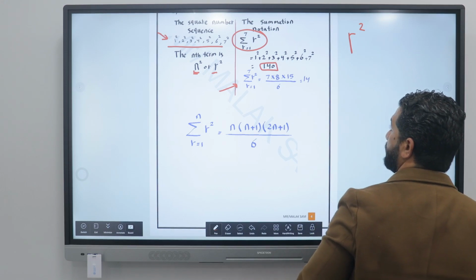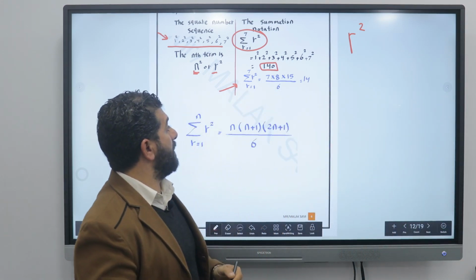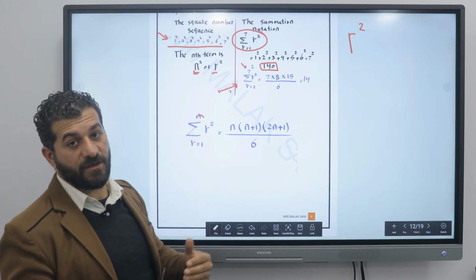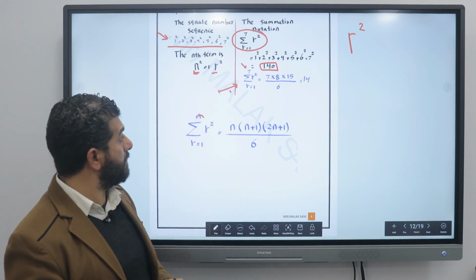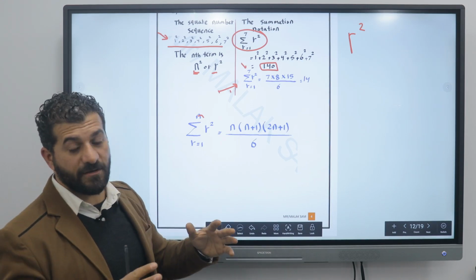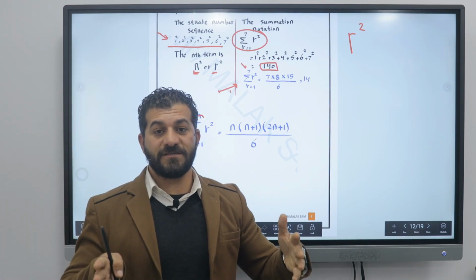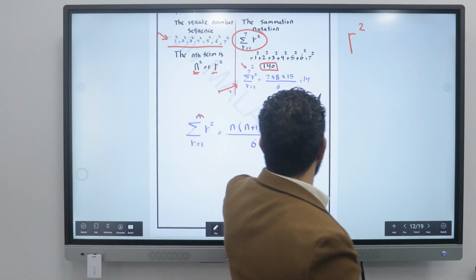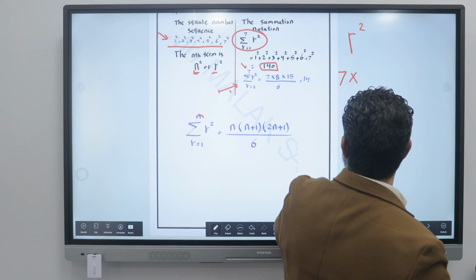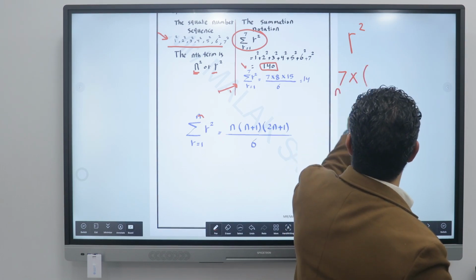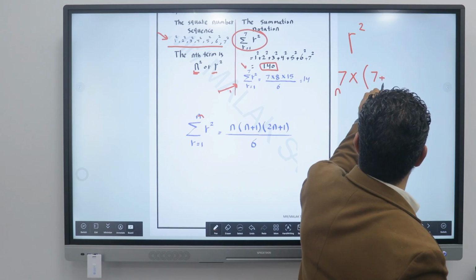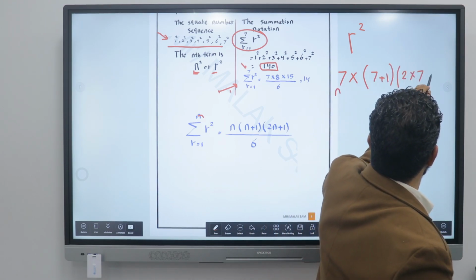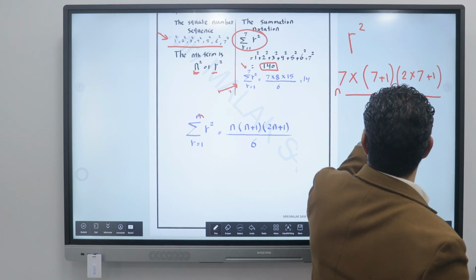And we can use this rule. What is this rule? Look at n here. N here is 7. This is the last term, because I want to find the sum of the first 7 terms to reach 7 to the power of 2. So this is n, multiplied by n plus 1, 7 plus 1, multiplied by 2 times 7 plus 1, all divided by 6.